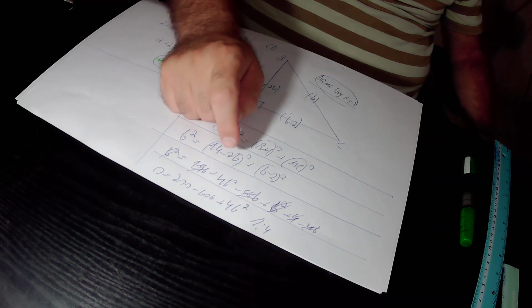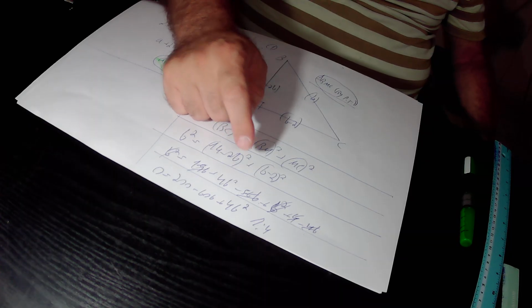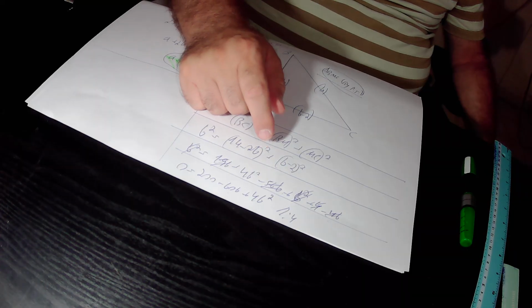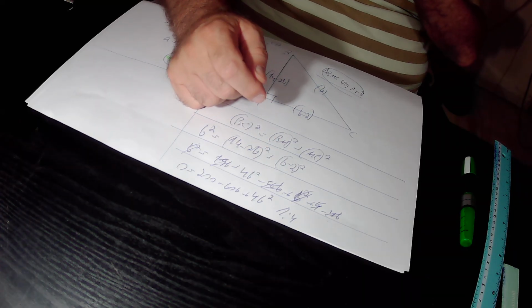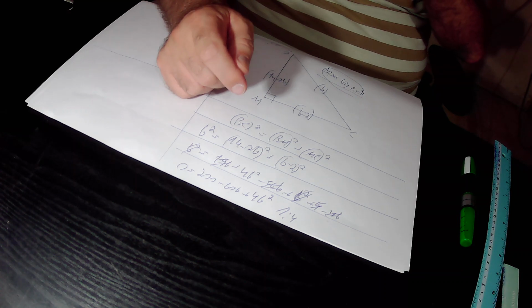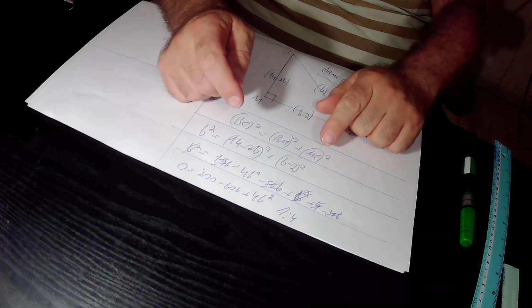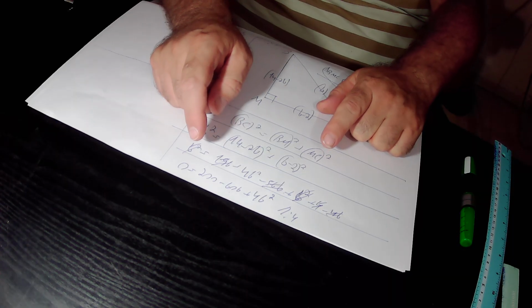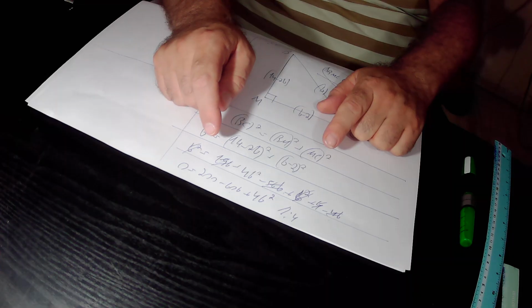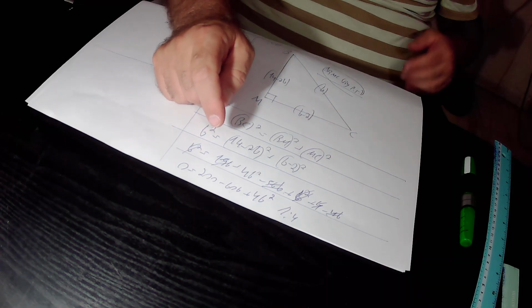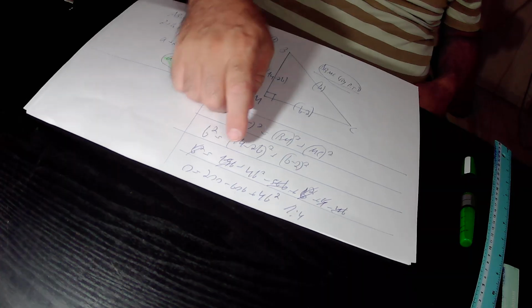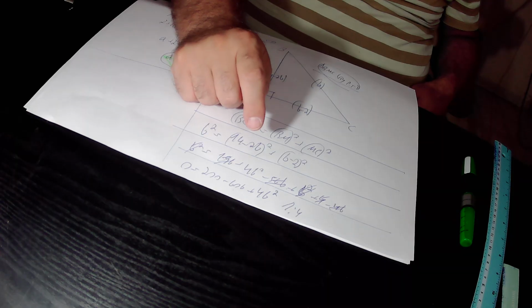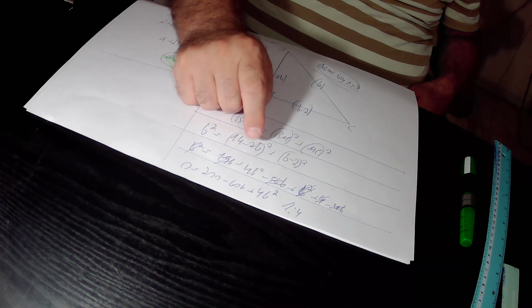And we also have minus 56B plus 4B, which is minus 60B.